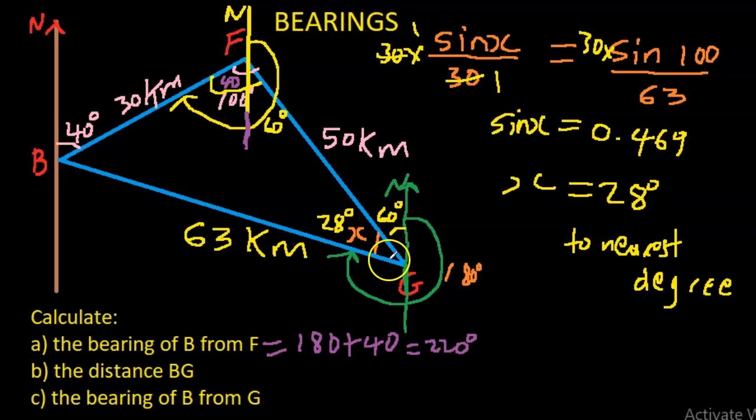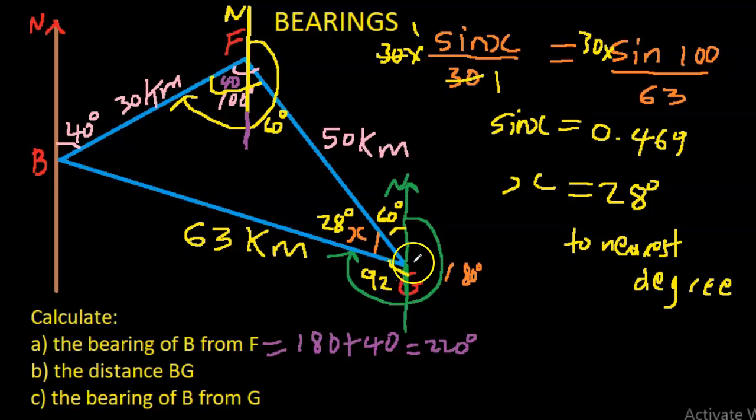Remember, angles on a straight line give 180. So if this is 60 and this is 28, this would be 180 minus 60 minus 28. So that piece will be 180 minus 88, which is 92. So this piece is 92.